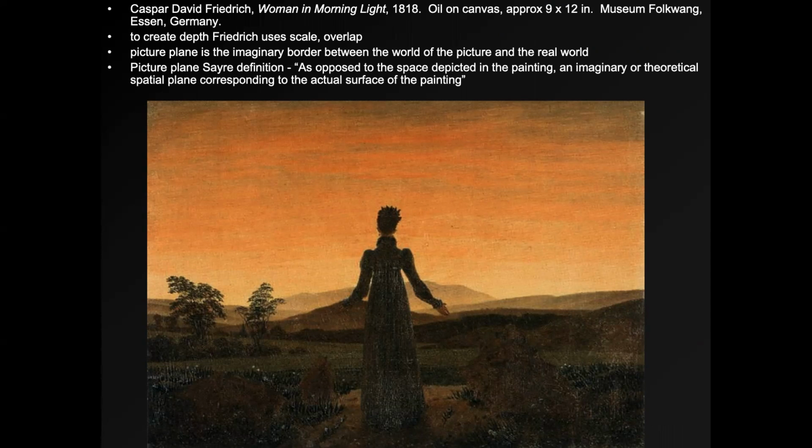So a lot of times artists want to create depth. We have this figure in the foreground, and then we can see all this stuff in the background. So the picture plane would be when it's almost as if you could walk into the painting, and the point when you go from our world to the world of the painting is the picture plane. If you were to do that with this painting, you would bump right into the woman in the front.